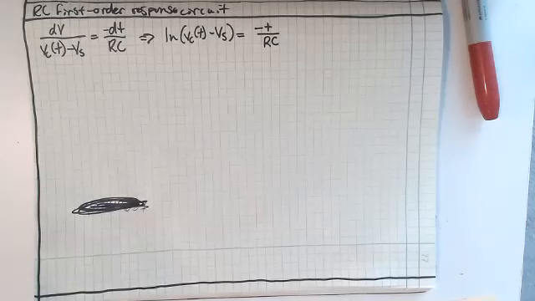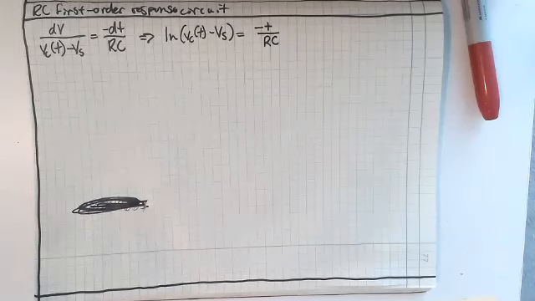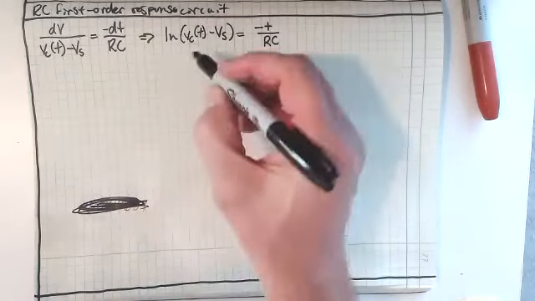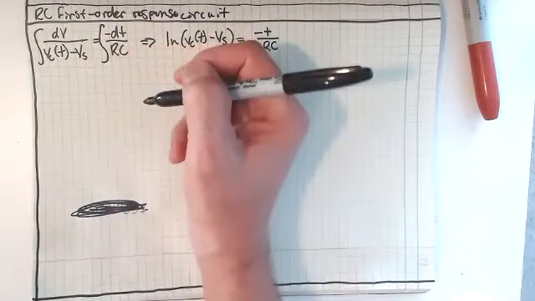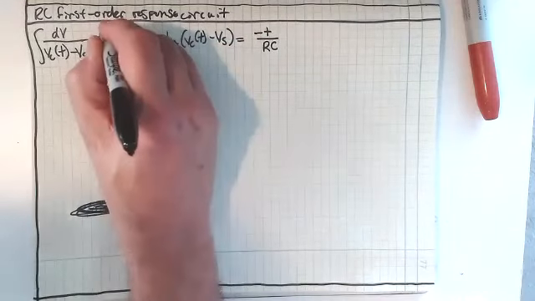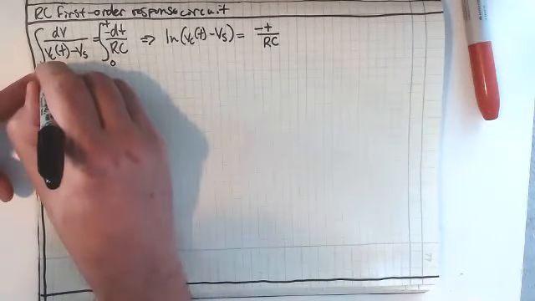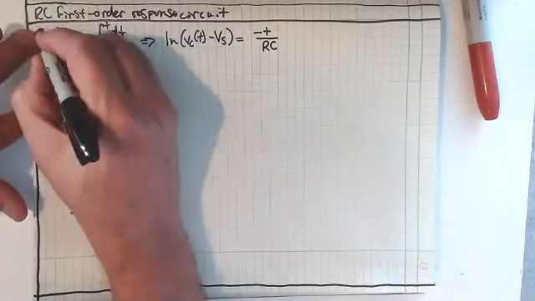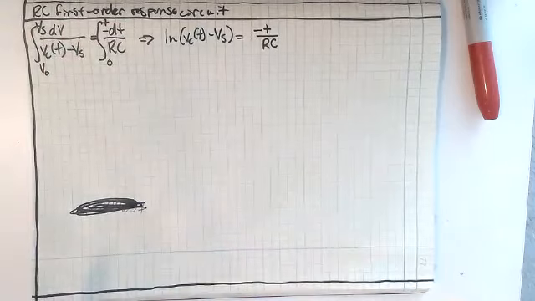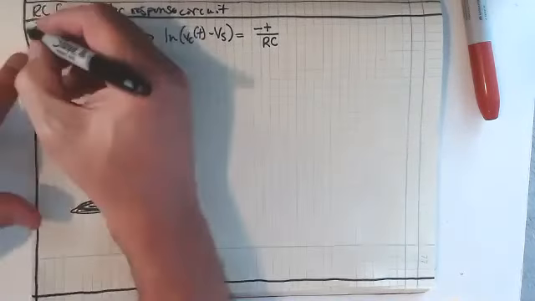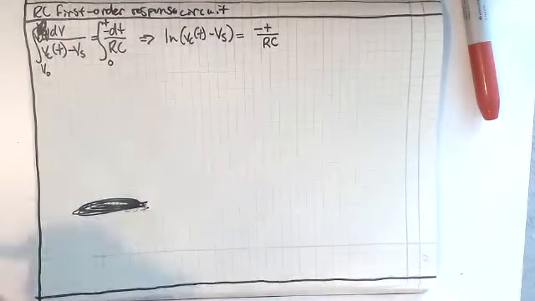Since I did that integration, let's put in the integral limits. This one's easy, that's just 0 to t. But this one is from V_0, which is whatever the voltage is on the capacitor, usually 0, to V_C of t.